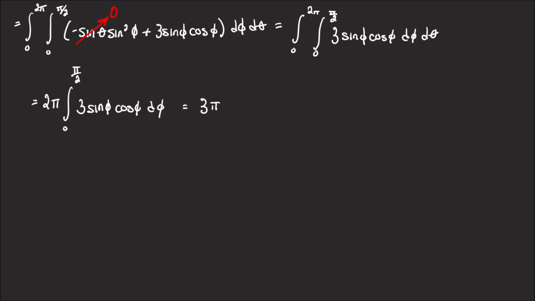So we'll have 3 pi times sine squared of phi evaluated from 0 to pi over 2, which is 3 pi.